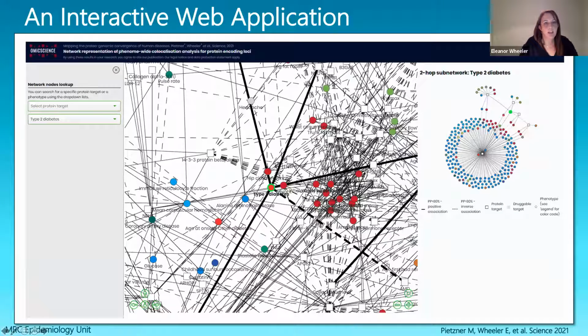You can also look at the network. You can zoom in, and this is an example for type 2 diabetes, where you can see the different phenotypes, protein targets, and directions of association, indicated by solid and dashed lines.